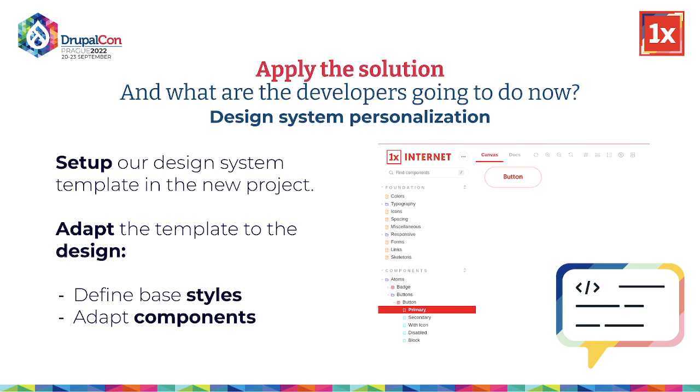The next step is to adapt the template that we have to the design. This means that we need to define the styles that we are using in the new design, for example colors, fonts, typography, and also adapt the components. If we have, for example, changes in the buttons, in the cards, or anything else that we need in the new design.